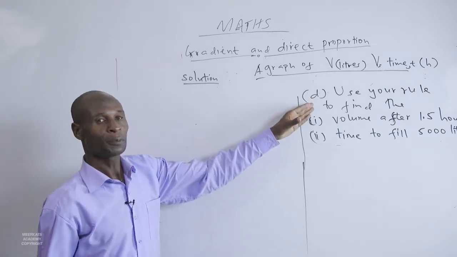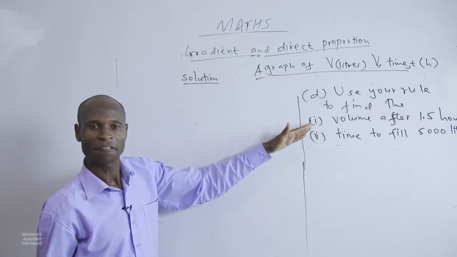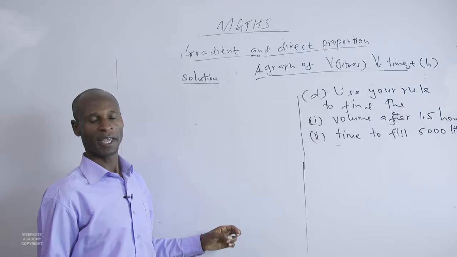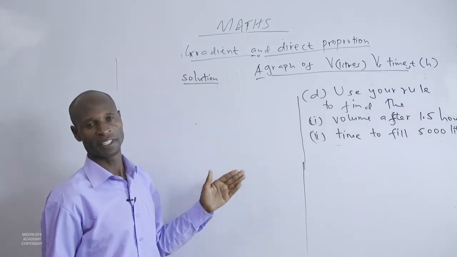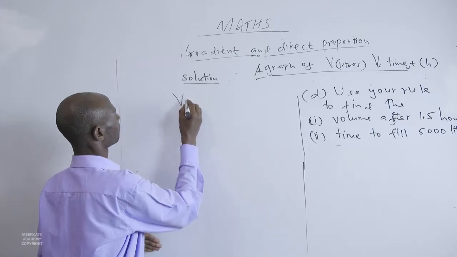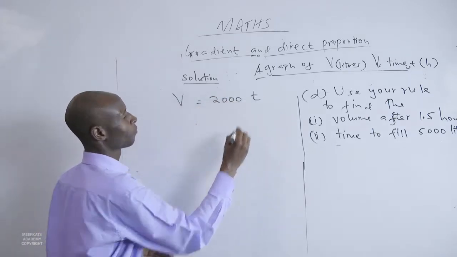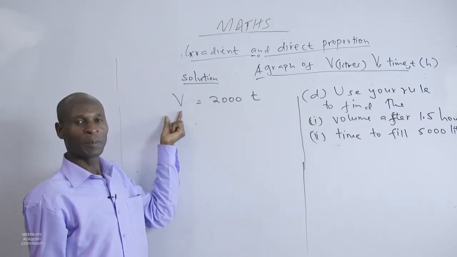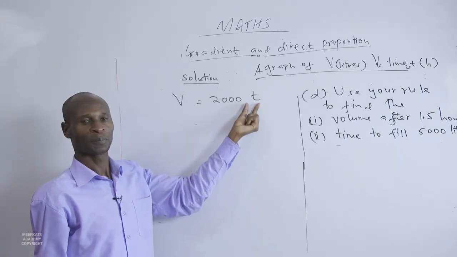To solve the volume after 1.5 hours, we first write down the rule connecting volume and time. We have established that V = 2000t.